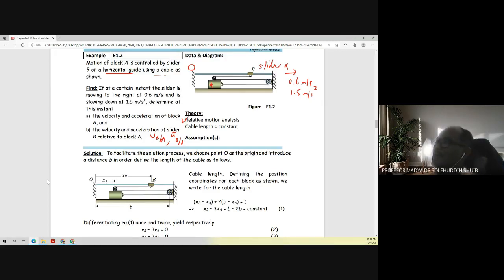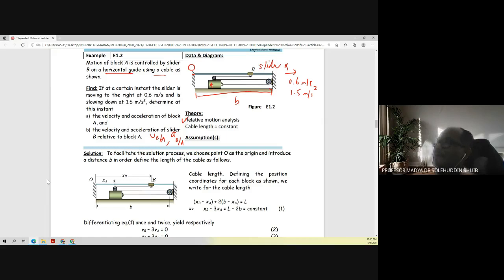Take O as the origin, and we want to introduce the distance of A and the distance of B. From here to here, we introduce this distance B.